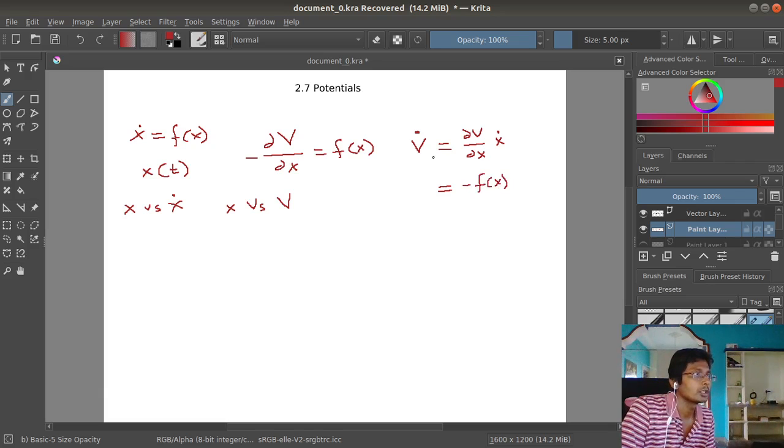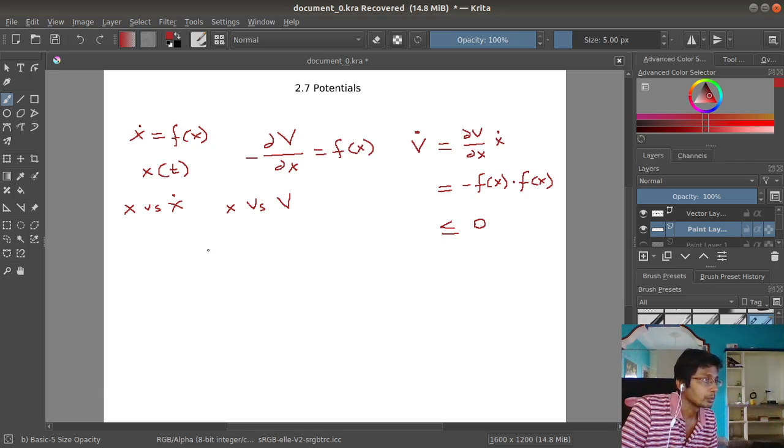And what is x dot? From this I could say that is f of x. So this f of x into f of x is always going to be positive, if not 0, and the negative of that will always be less than or equal to 0. It will be either negative or 0, V dot.